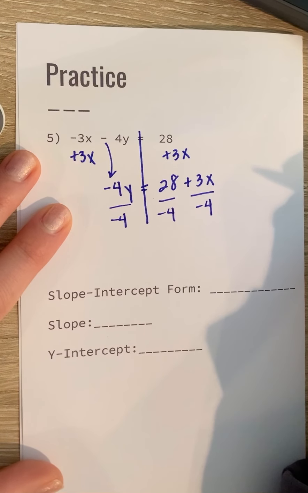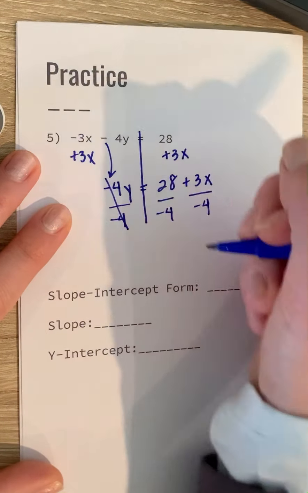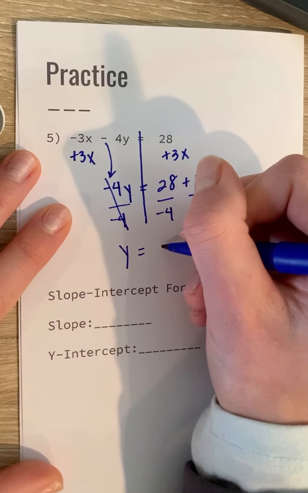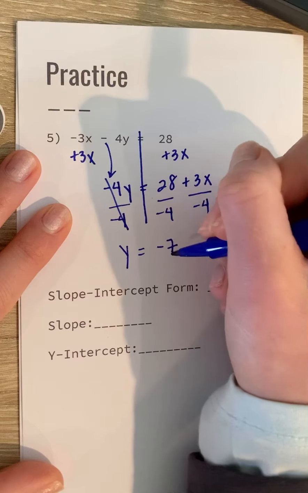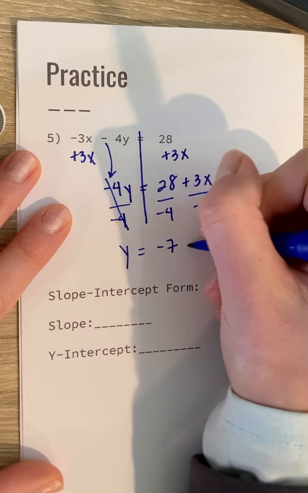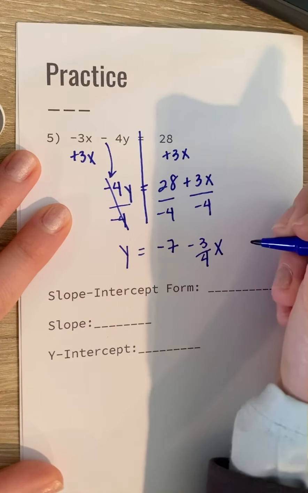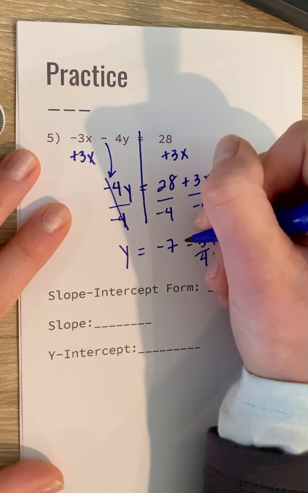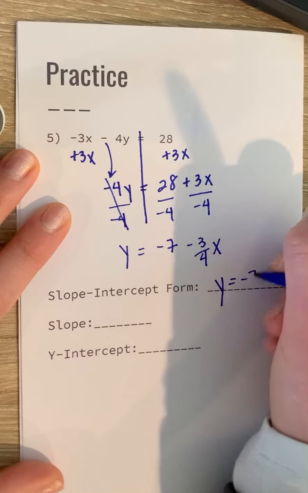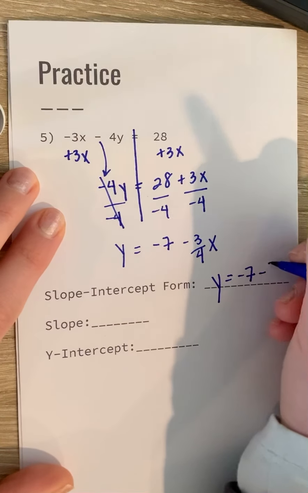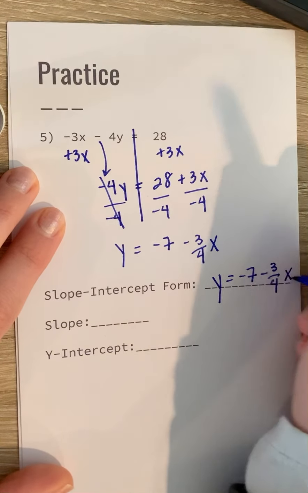So my -4's cancel. So I get y equals -7, because 28 divided by -4 is -7. And then minus 3/4 x, because a positive divided by a negative, that's how I got my negative there. So I get y equals -7 minus 3/4 x.